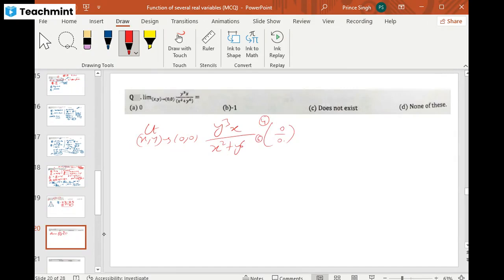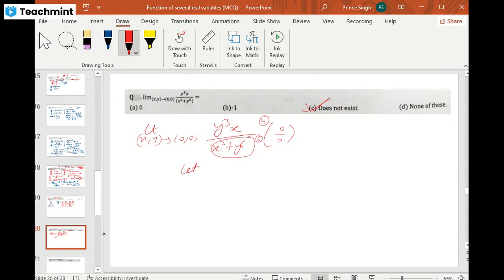Although it is not a homogeneous function, denominator one. So in this case, if the degree of numerator is less than degree of denominator, the limit of the function does not exist. But to prove this, we need to make it homogeneous. So the difference is x square. If I take its power 3, then it becomes 6. So we accordingly will choose.